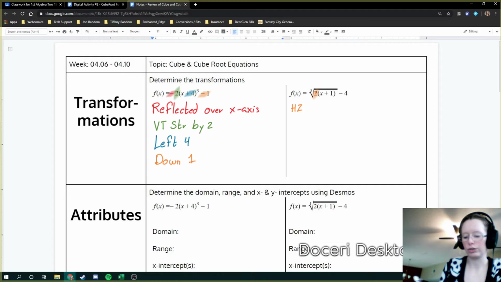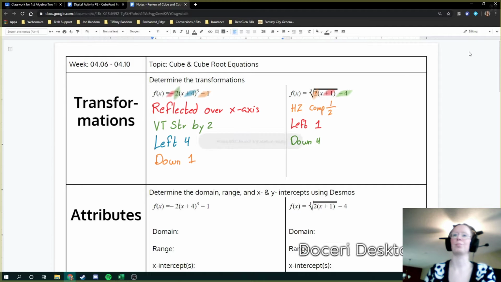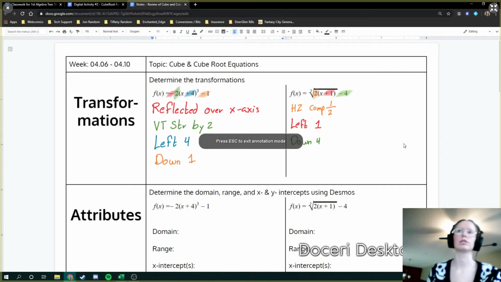So this is a horizontal, this is a 1/2, and since that value is less than 1, this is a horizontal compression by 1/2. This one is left 1 and down 4.